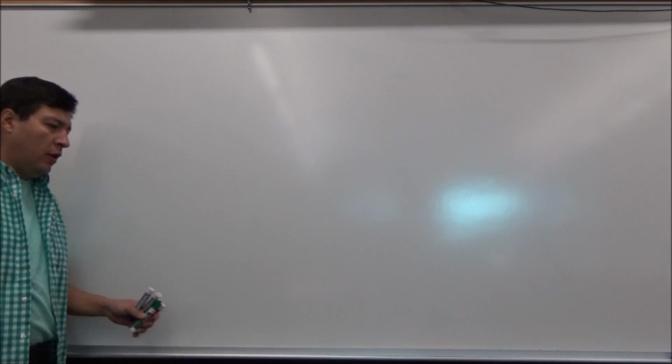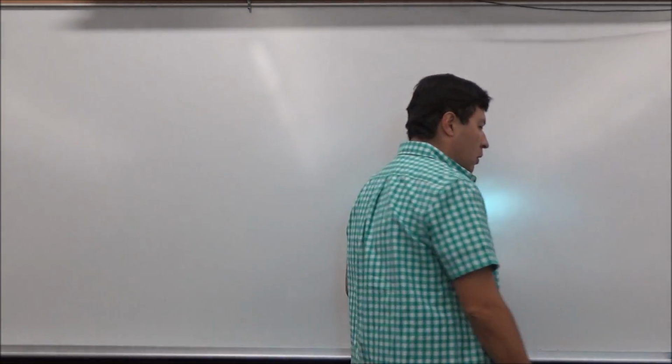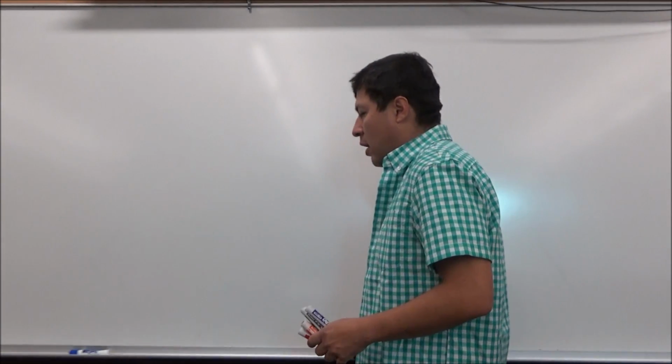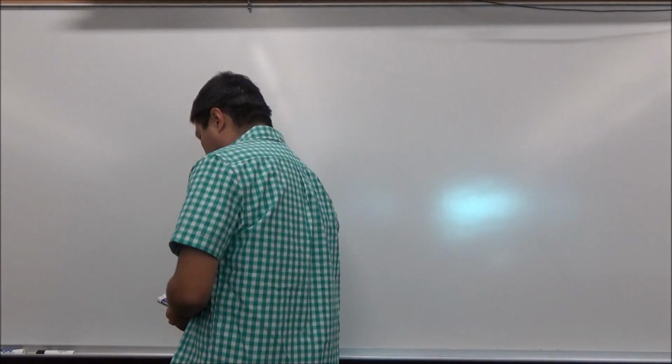Okay, so remember we were talking about this file structure, and we mentioned how the files are stored on this table, either the master file table or the file allocation table.